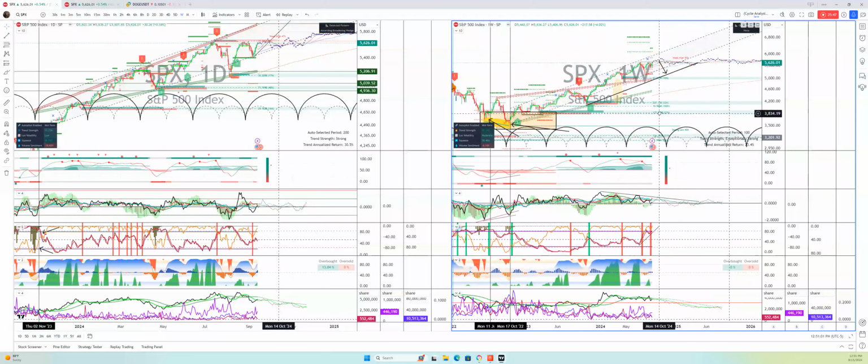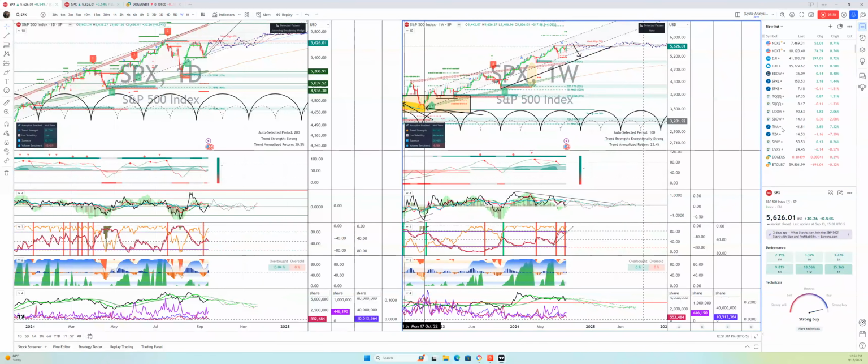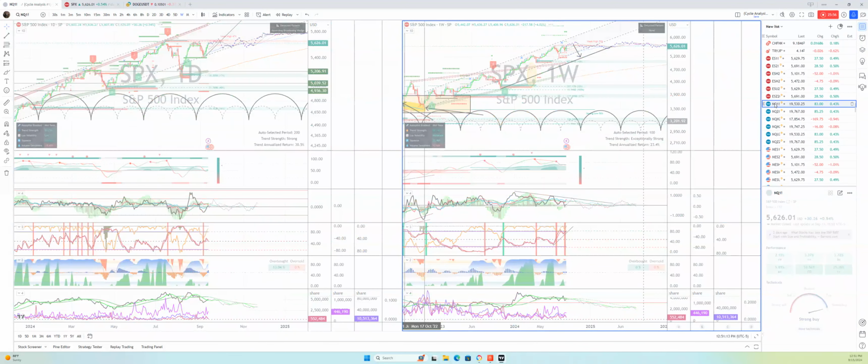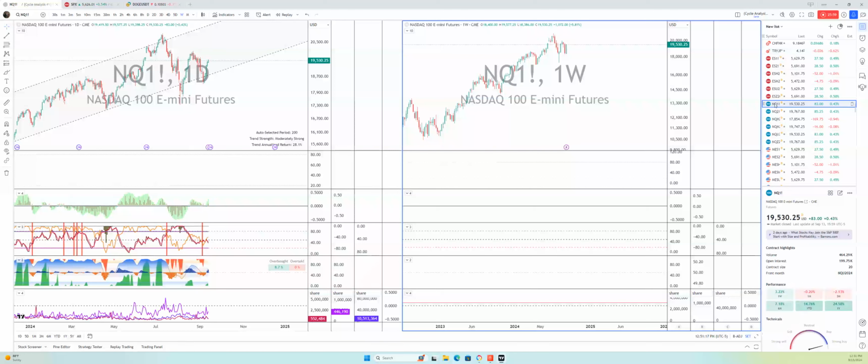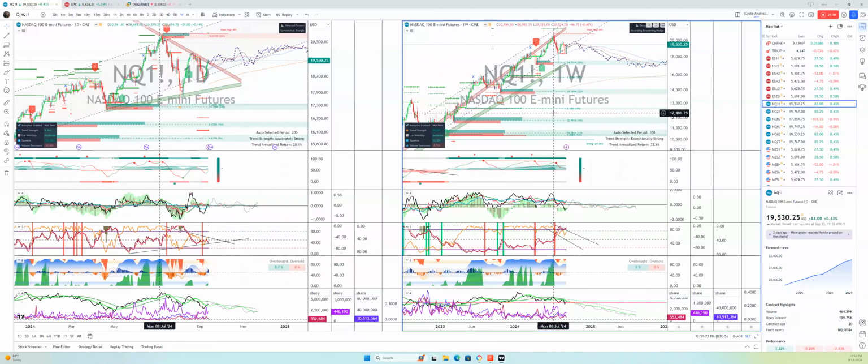But let's go to the futures of NASDAQ right here. Now, this is what I want to point out, because I could go through the Dow Jones, the S&P 500, the NASDAQ, the Russell, the Wilshire 5000, and so on.